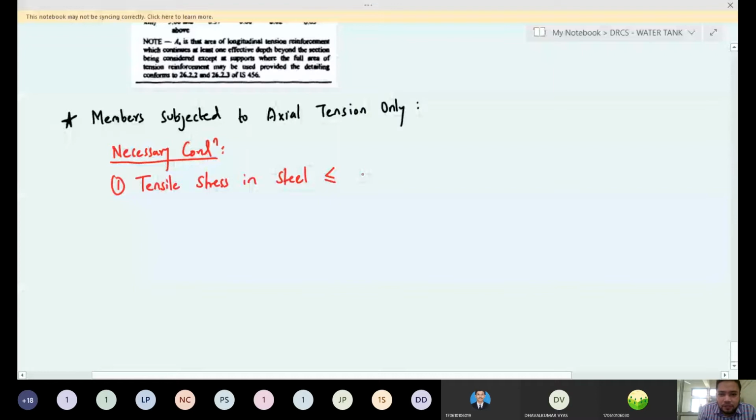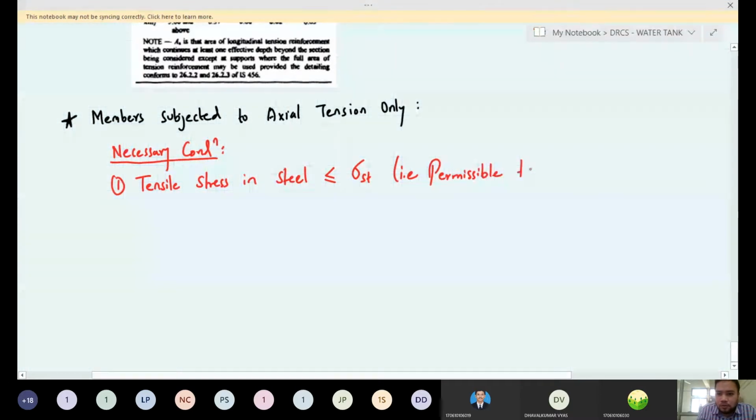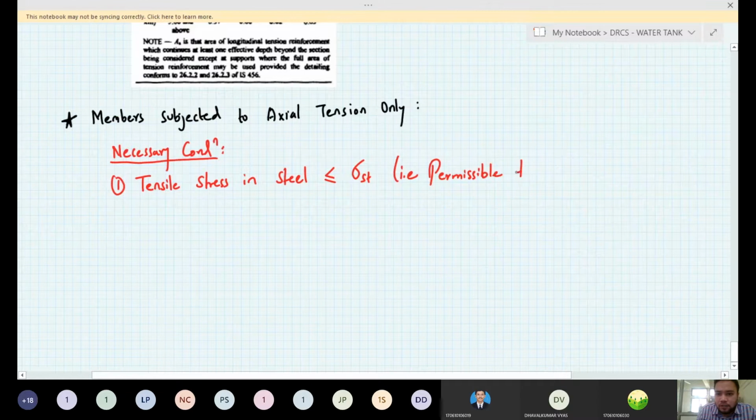It should be less than sigma ST, which is nothing but your permissible stress in steel under tension, or permissible tensile stress in steel reinforcement.